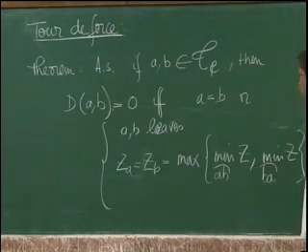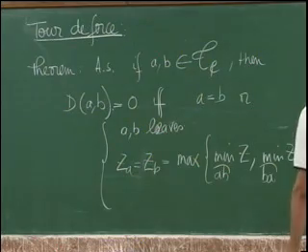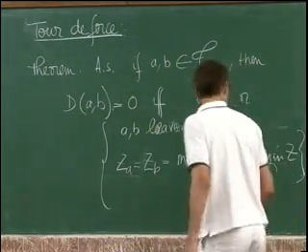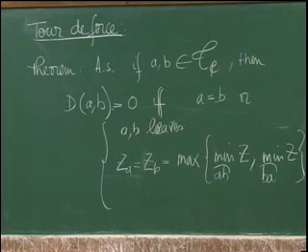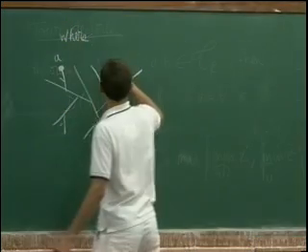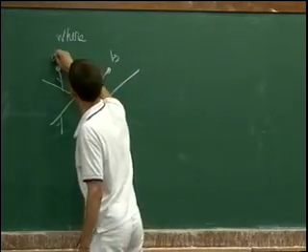Okay, let me introduce this notation. I introduce it on a picture. You've got the Brownian CRT like this. Take a here and b here, 2 leaves.